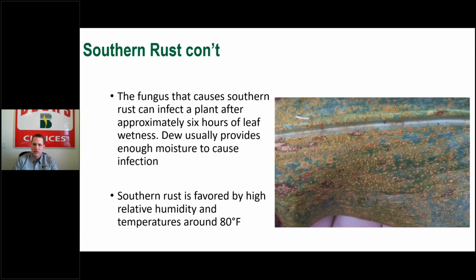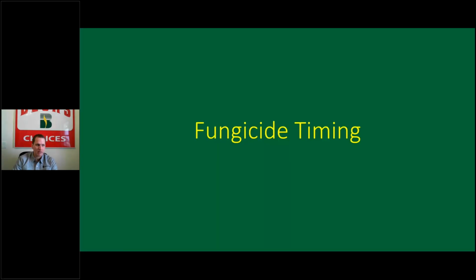So little different environmental factors needed, but funny story, in the central part of the state this year where southern rust was blowing up from the south and tar spot was coming down from the north, I saw corn plants that had both of them on there. So it was a very unique year in 2021 with disease, but these two are on the top of my radar. So we'll dive into a little bit about fungicide timing and a couple of unique looks at it.